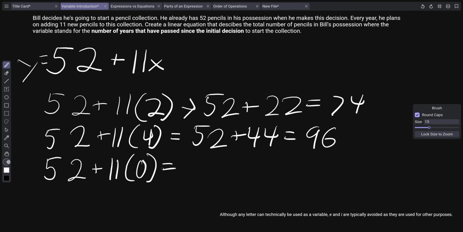So 11 times 0 is going to equal 0, so we get 52 plus 0, which equals 52. And then we have the starting value, right? Because if 0, the number of years that have passed since the initial decision, so if he just made it, it's going to be 0 years. So the logic works out. He would still have 52 pencils.